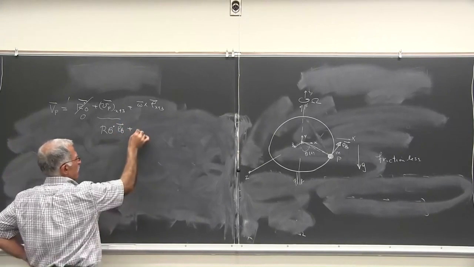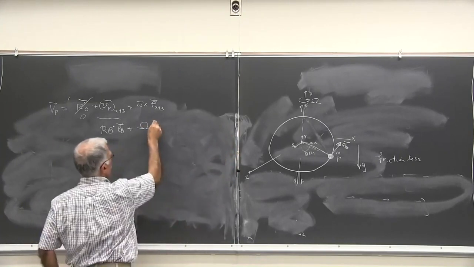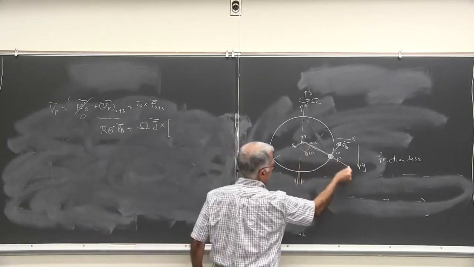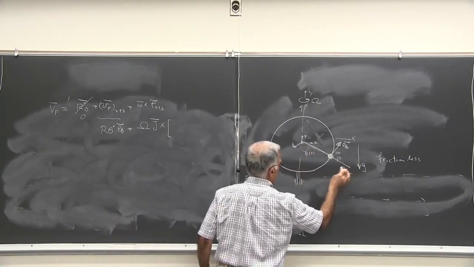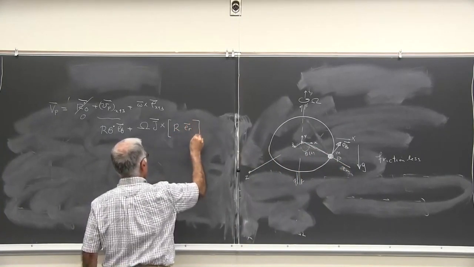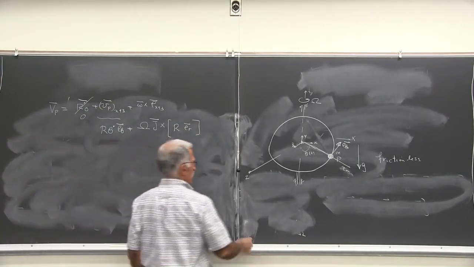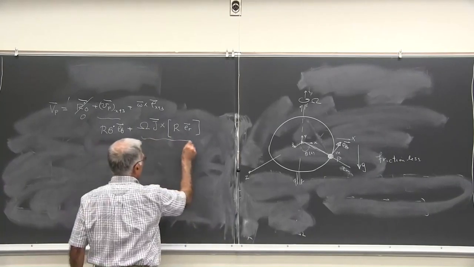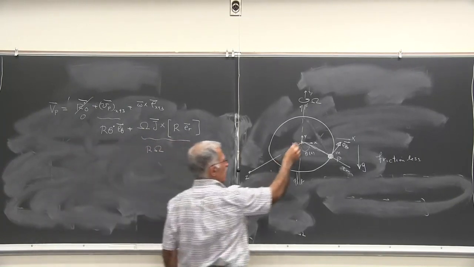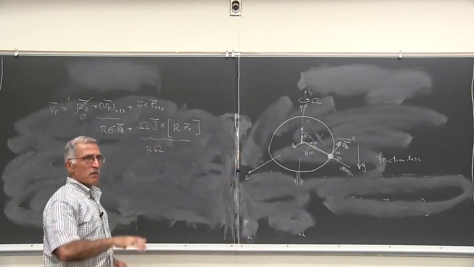Now my auxiliary reference frame is being twisted. That's omega, and it's going like this, and that's a capital J. And this is r e r. So now you have to say what this is, and this becomes r omega J cross e r, and J times e r becomes sine theta.